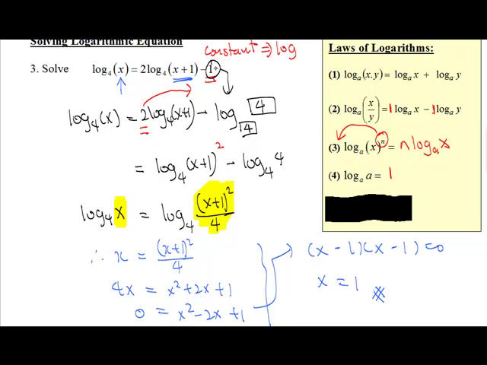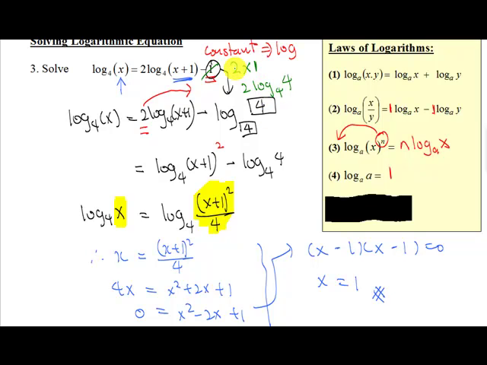Let's say if you have a constant 2, how are you going to change the constant 2 into a log expression? Well, 2 I can rewrite as 2 multiplied by 1. And 1 I can rewrite as log base 4. So I've changed this constant 2 into a logarithmic expression.